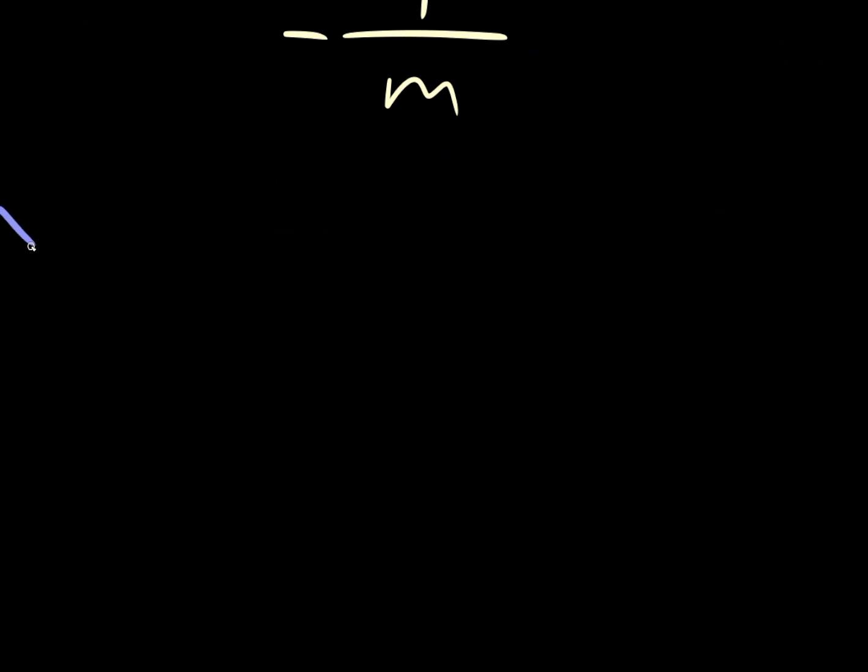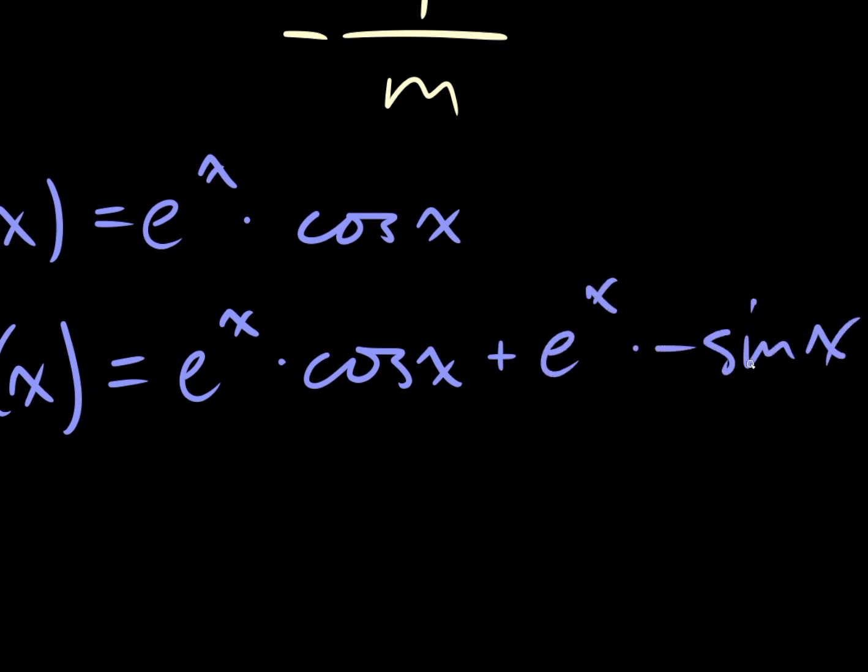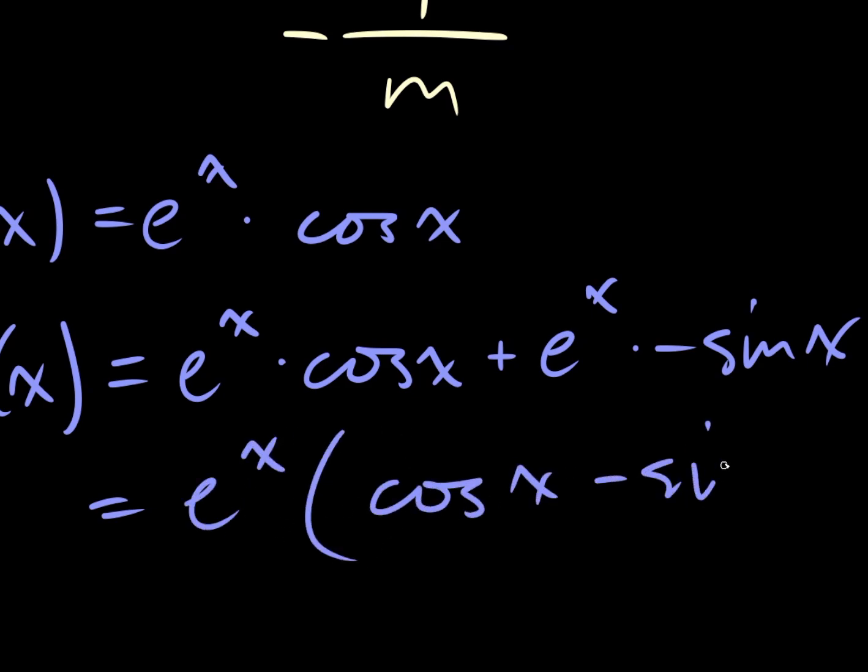Our function was e to the x times cosine x. Product rule here, so f prime of x is going to be e to the x times cosine x plus e to the x times negative sine x, or you can factor out the e to the x: cosine x minus sine x.